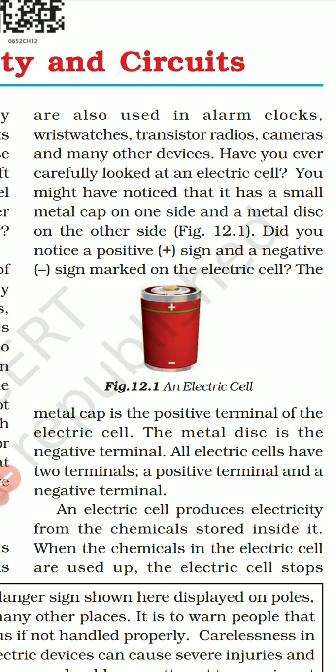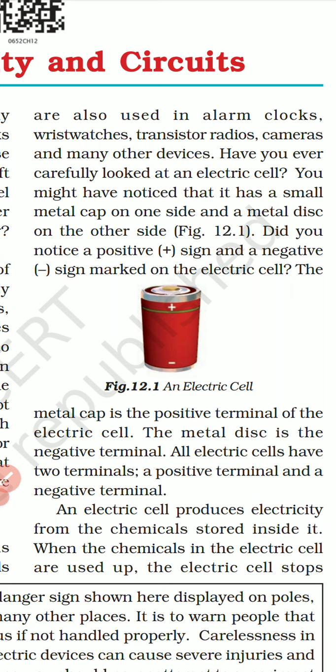You might have noticed that it has a small metal cap on one side and a metal disc on the other side. Everybody must be having a cell at their home, so just check it out, children.